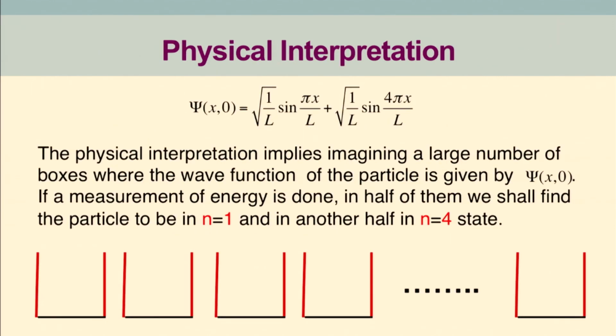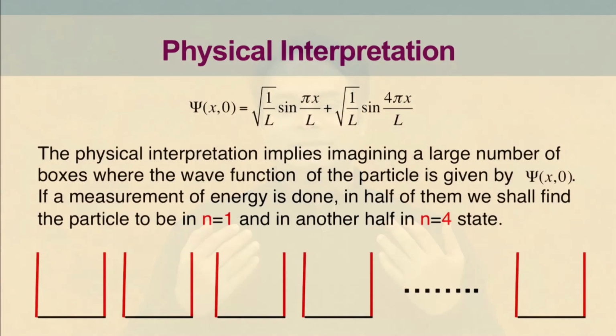So the physical interpretation is that if I take a large number of exact copies of these infinite potential boxes where the particle exists in this superposed state, and I do a measurement on each of them, you will see that in almost 50% of them you will find the particle in the ground state, which is the n equal to 1 state, and in the other 50% you will find the particle in the n equal to 4 state.